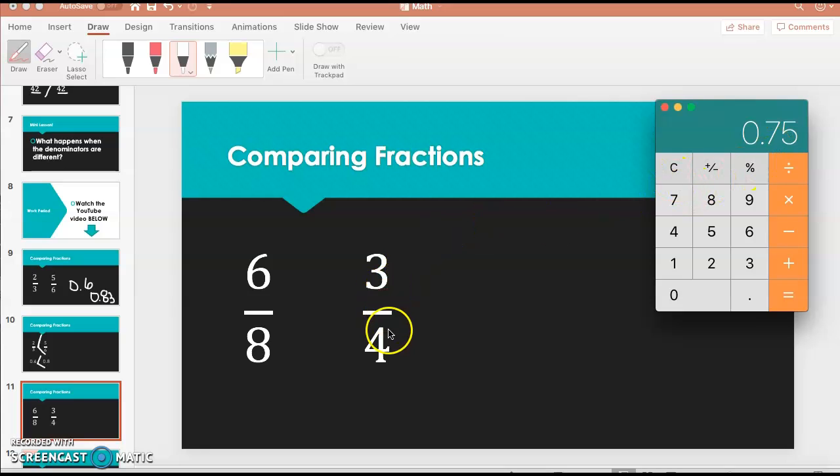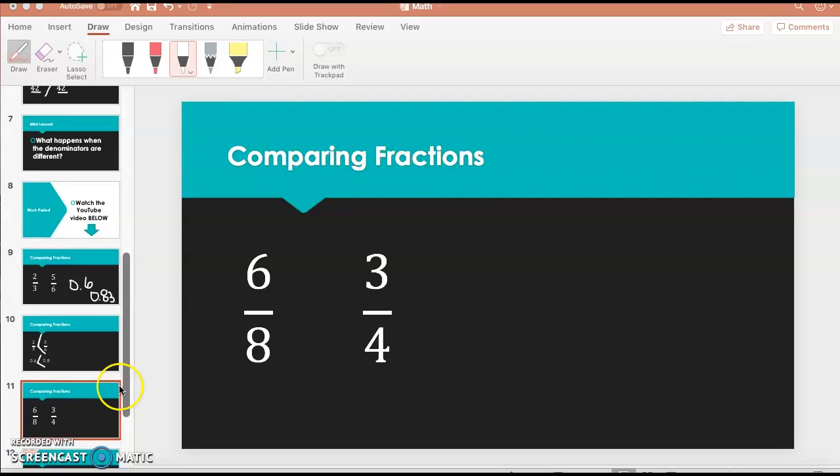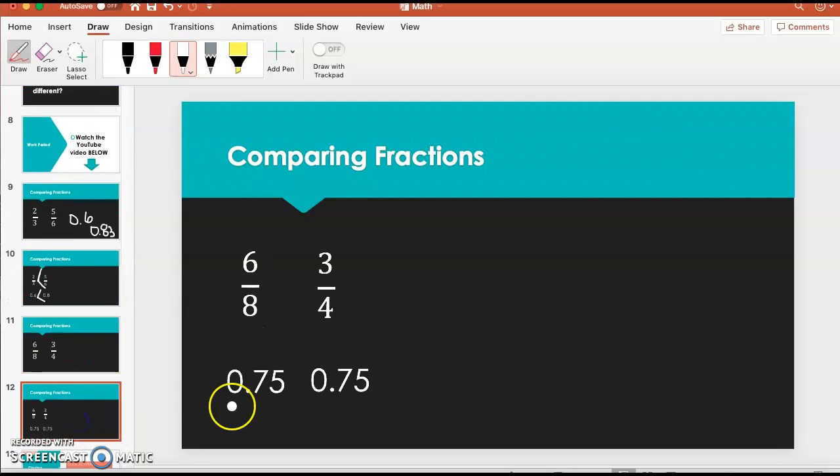Now let's do 3 over 4. 3 divided by 4 equals 0.75. So 6 divided by 8 and 3 divided by 4 is 0.75, which means that what? These fractions are equal. How crazy is that?